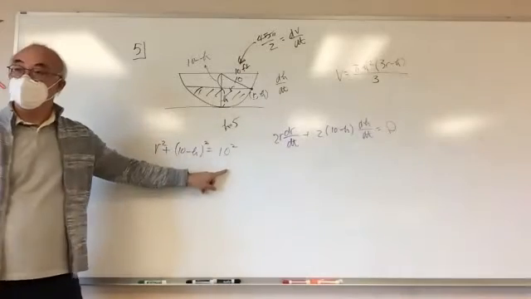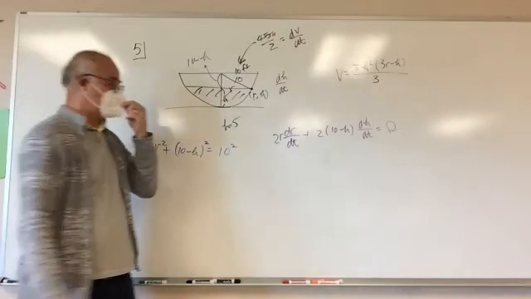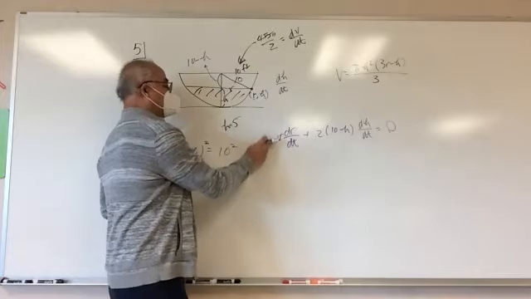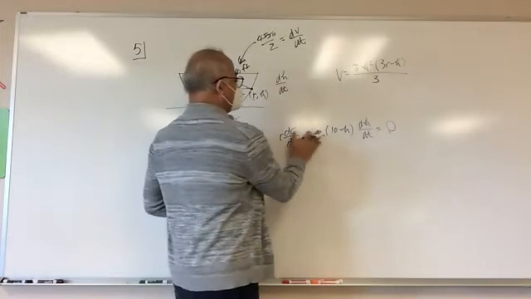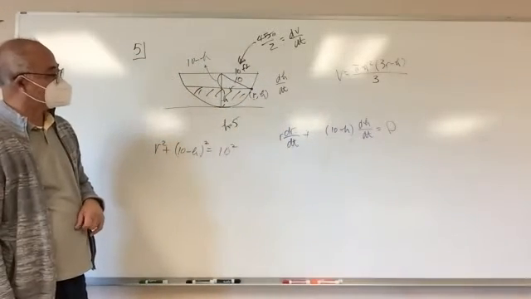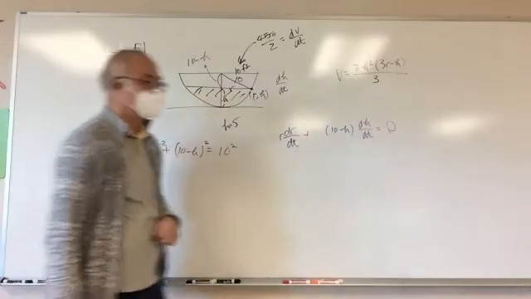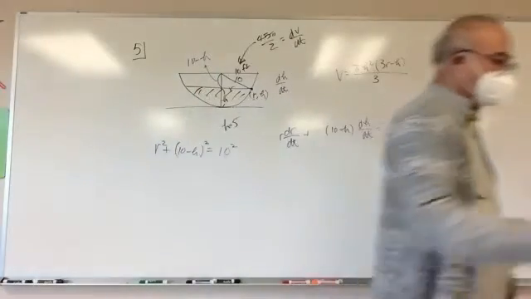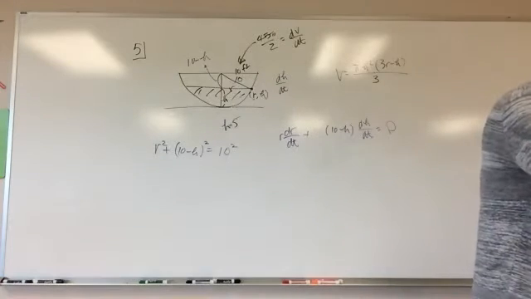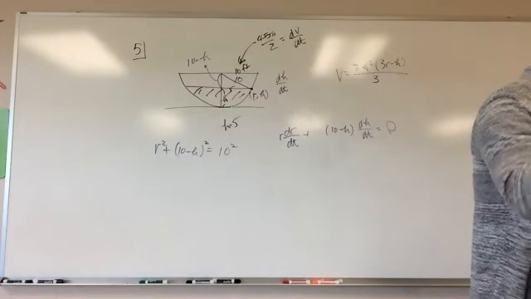Which is 100, just a number. Take the derivative of 100, it's 0. Divide by 2. Okay. What is r? Do I know what r is? Yeah. What is r?